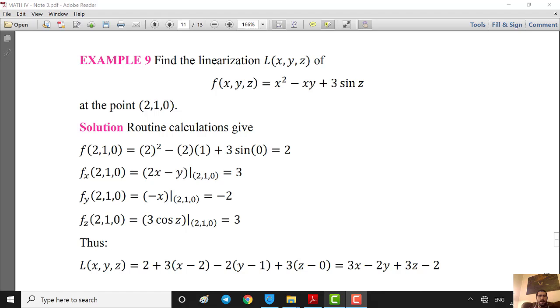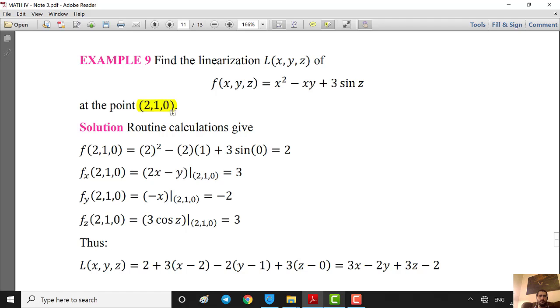Here we have a function of three variables, f of x, y, and z equal to x squared minus xy plus 3 sine of z, and we have to find its linearization at the point (2, 1, 0).